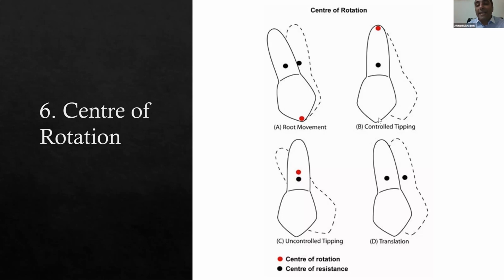If you use a stainless steel wire during leveling and alignment, it is not like the nickel titanium wire. The force is going to be 500 grams at the start. Then after 1 week, you're going to lose all forces, declining to zero. So these are interrupted.